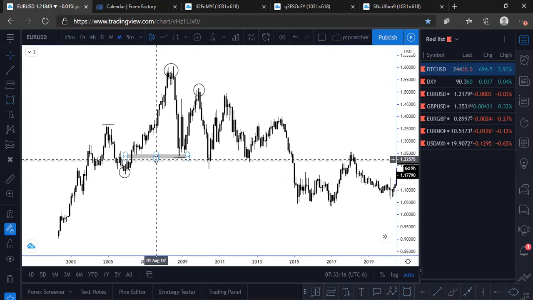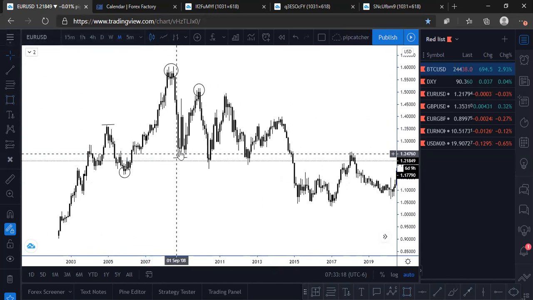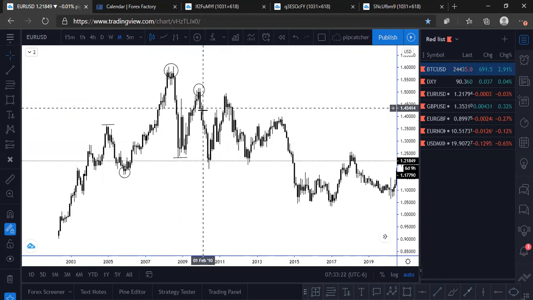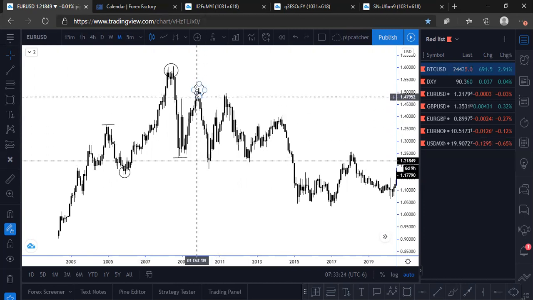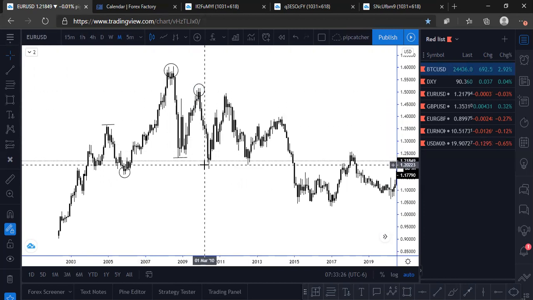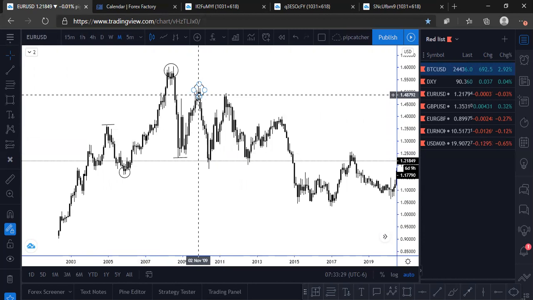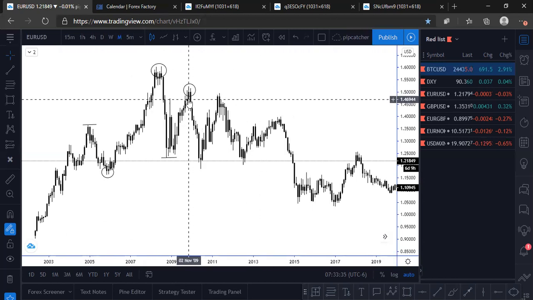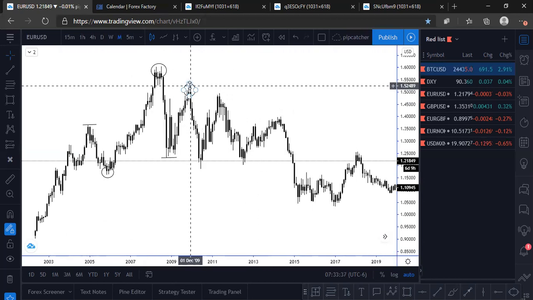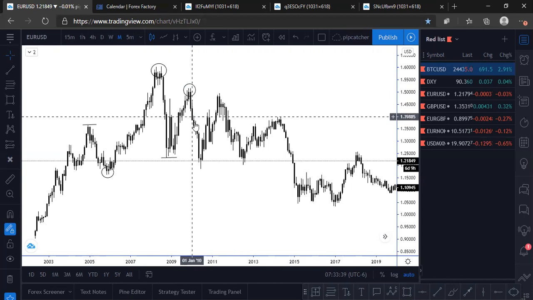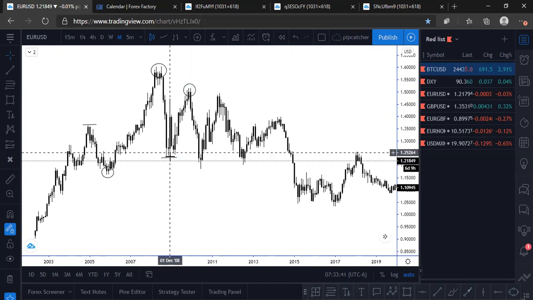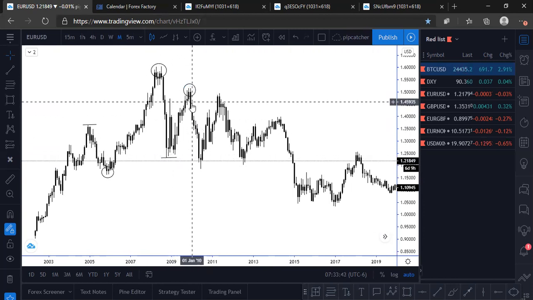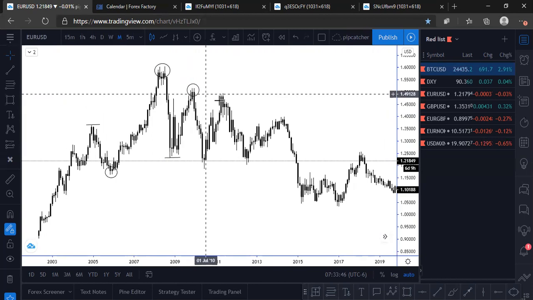When this structure down in this area gets broken, now we can start to shift our bias, to change our bias in direction. So look at what happens here. This last push up before the move started going down that broke this structure, we have this engulfed candle here.